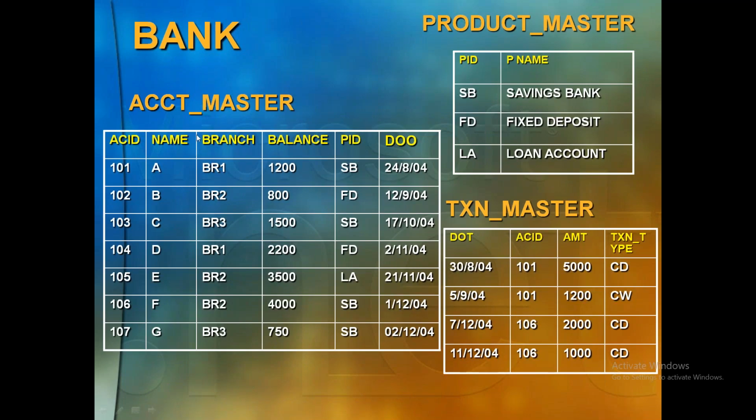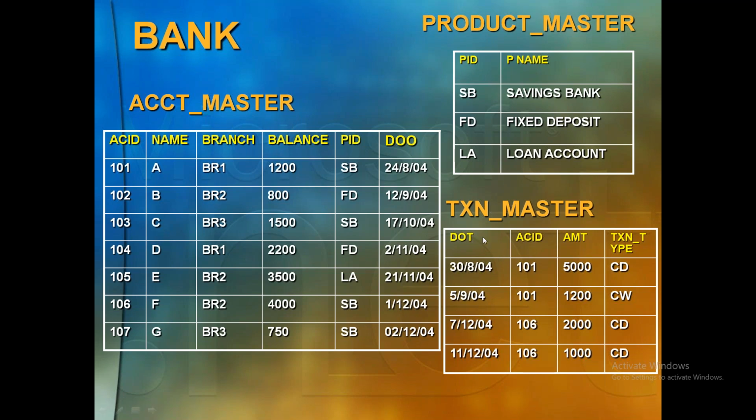Now, I have an account master table, a product master table, and a transaction master table. So far we are retrieving data from only one table. But if you have a lot of tables like this, the account master table has account and customer data, and one customer is going to do a lot of transactions. After opening an account, we do the transactions.